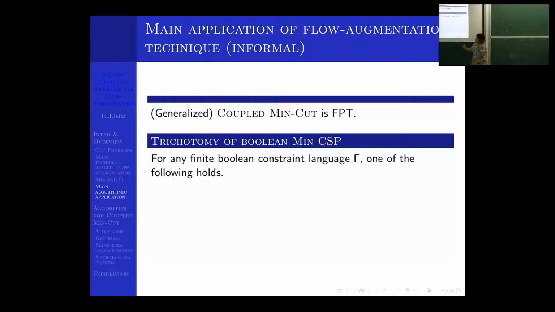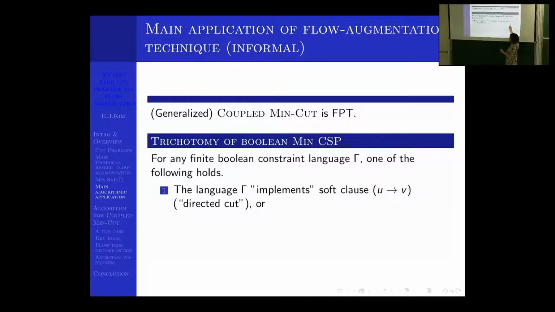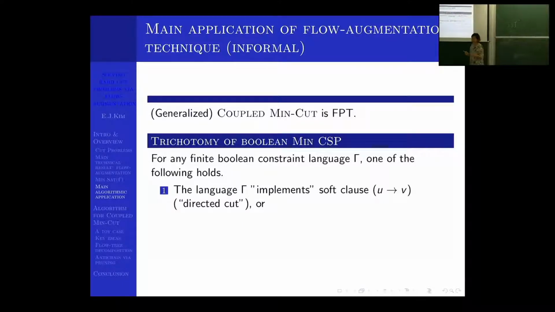So for any such gamma, we could prove that one of the following holds. Either the language can implement some directed cut, so U implies V, which we interpret as directed cut. What we mean by implement is a bit technical to define, but basically, even if gamma doesn't have this relation immediately, maybe you can combine some other relations and add some dummy variables to mimic and enforce such a constraint.